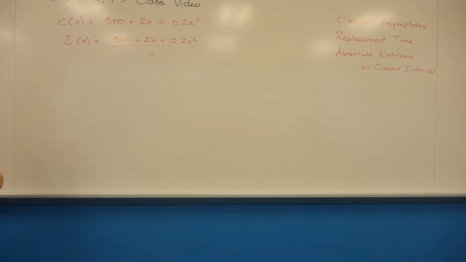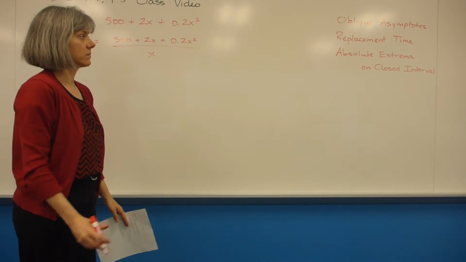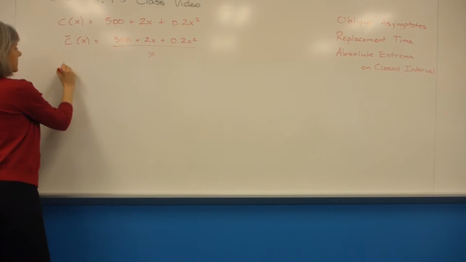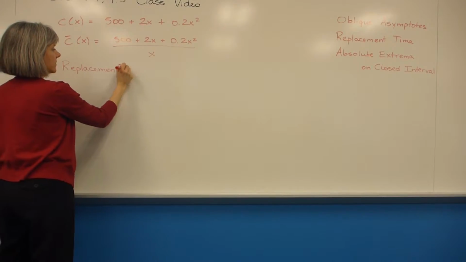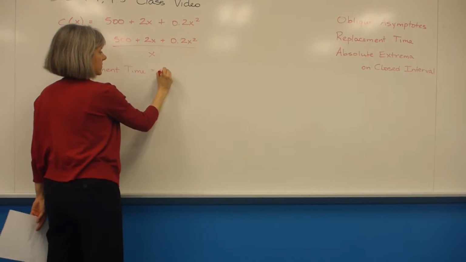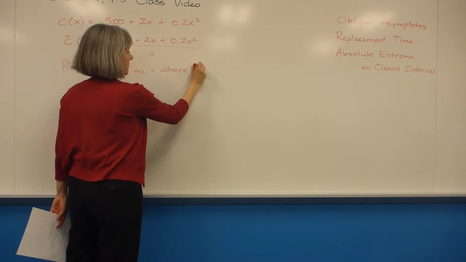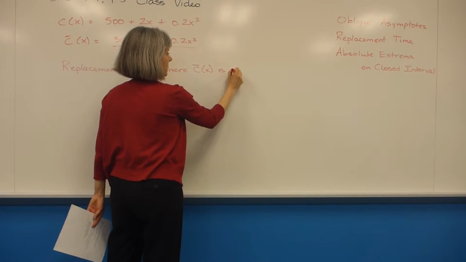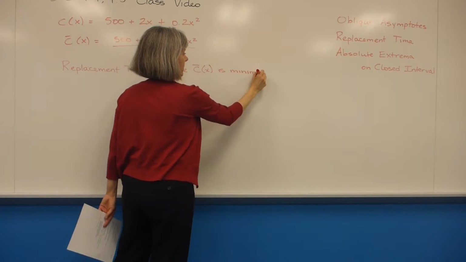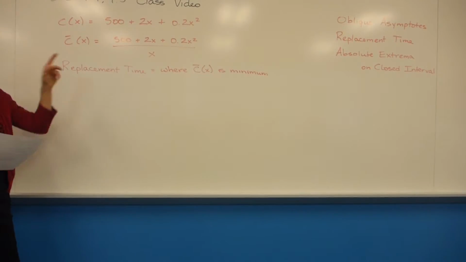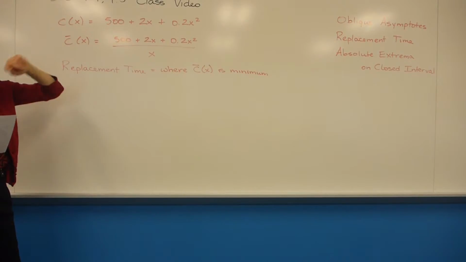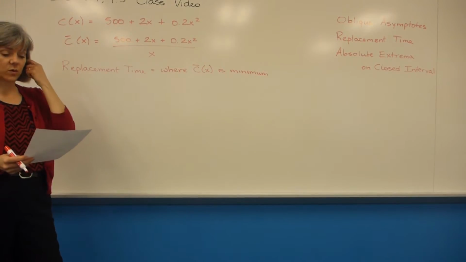Okay, so replacement time is a very easy definition. It is where the average cost is minimum. So that's pretty easy to do. So this cost function actually comes from page 291, number 86, if anyone wants to look at the word problem.